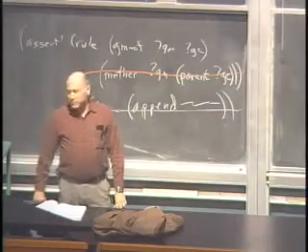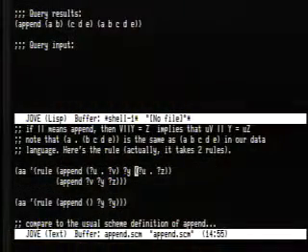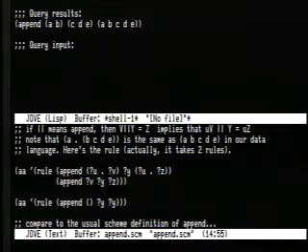So that's something I know for sure. And I'm going to give a name to the result of that recursive append. I'm going to call it $Z. And then in the body of the rule, I'm going to say, what is $Z? It's the result of appending $V and $Y.